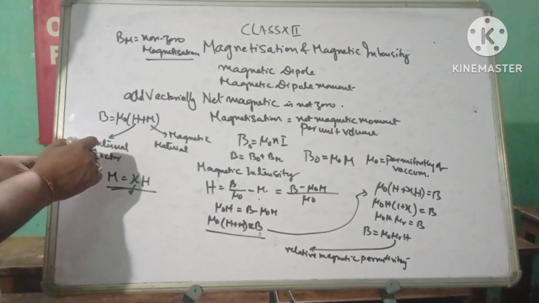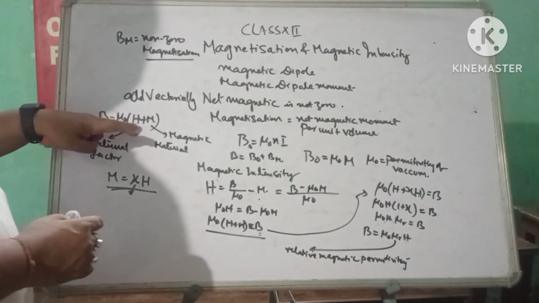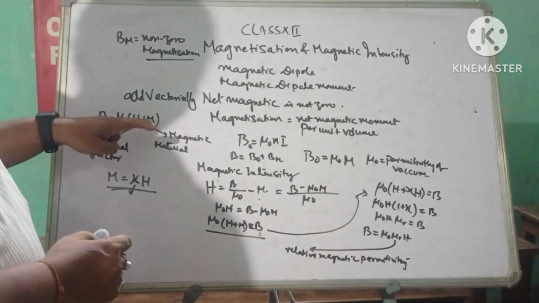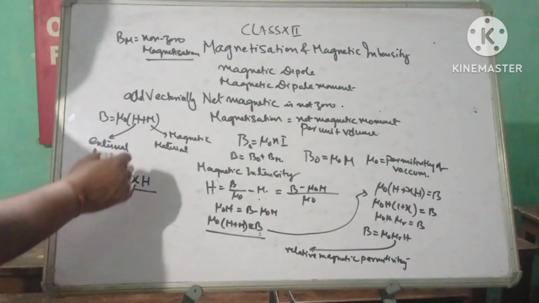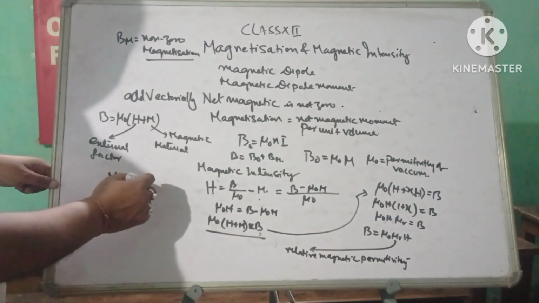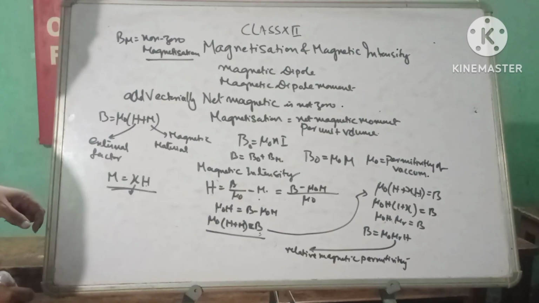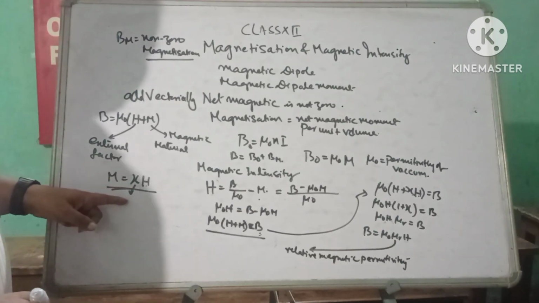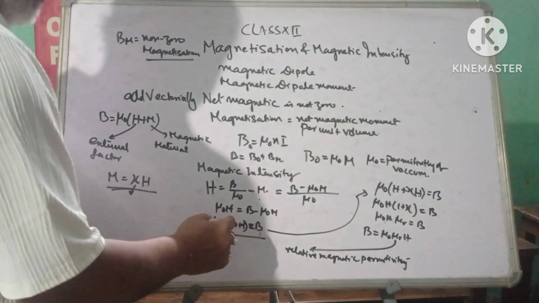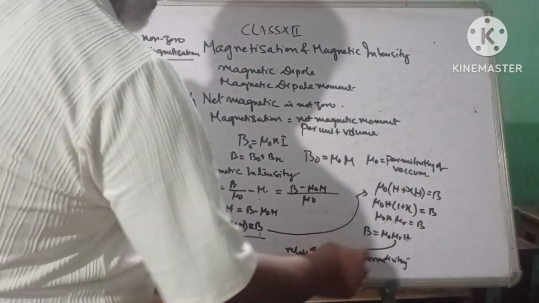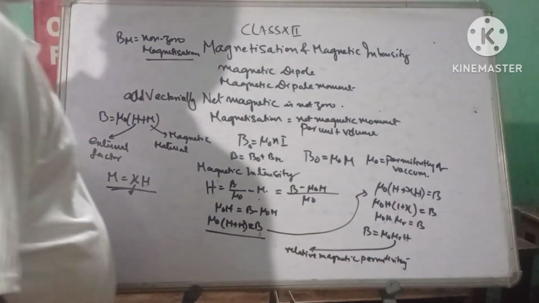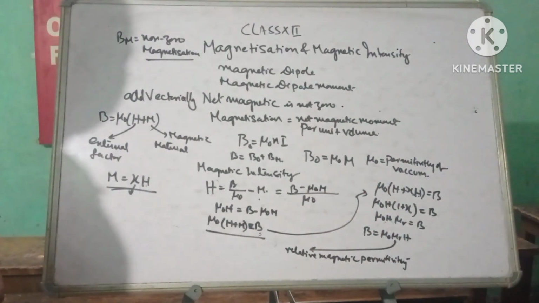One is the external factor H, because of the current flowing through it, and M, because of the magnetic material. And again, magnetization is proportional to magnetic intensity, where this is called magnetic susceptibility. Now, if you place the value of M here, we get this result, and this is called the relative magnetic permittivity.